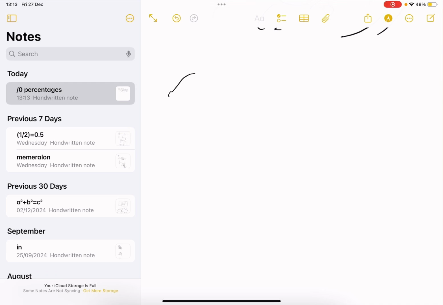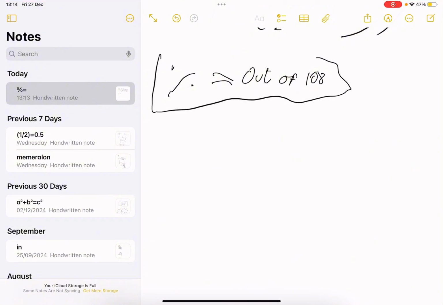Now, first of all, does anyone even know what this means? This is percent, by the way. So, percent equals out of 100, okay? Just square that in.